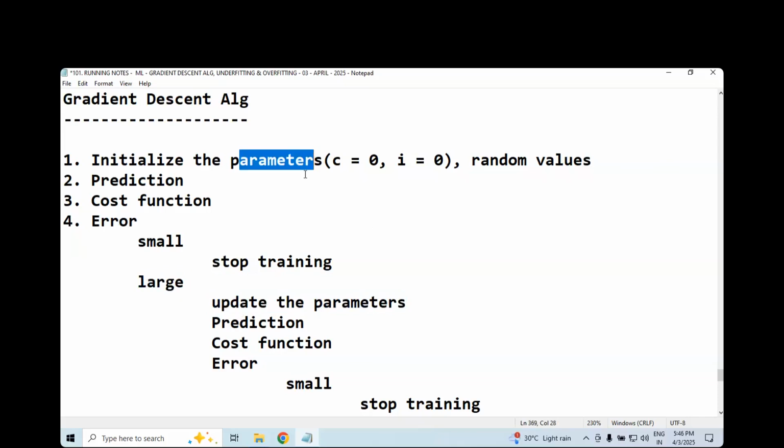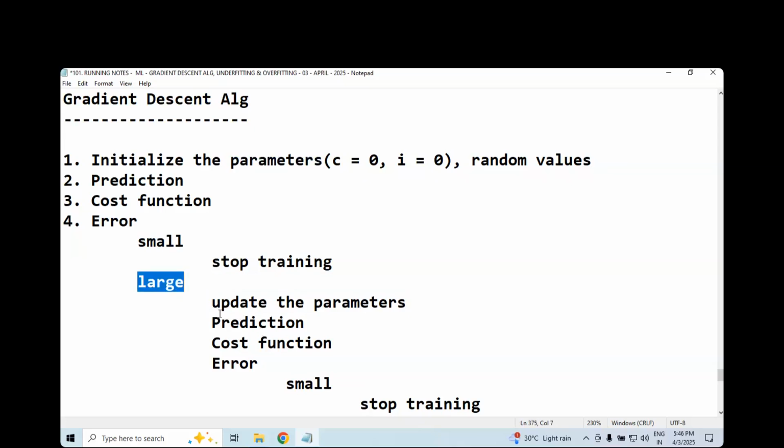If the parameters are good, with the right values, you will get a small error. If the parameter values are very large and not up to the mark, you will get a large error.